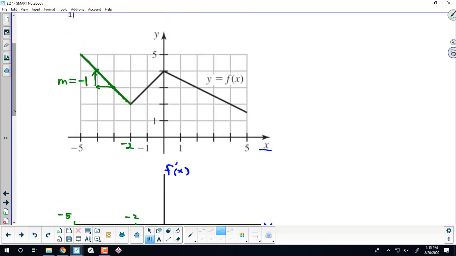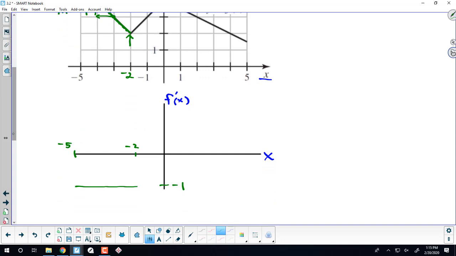But then we also have to ask ourselves, as we get up to an x value of -2, can we define the derivative right here? Yes. No. The derivative isn't defined at sharp corners. So we have to indicate that, like we indicate anything that's undefined.